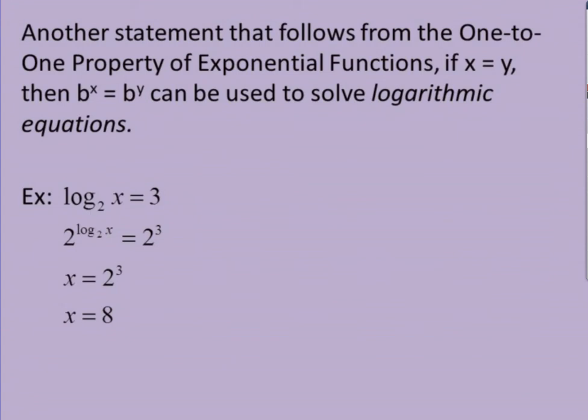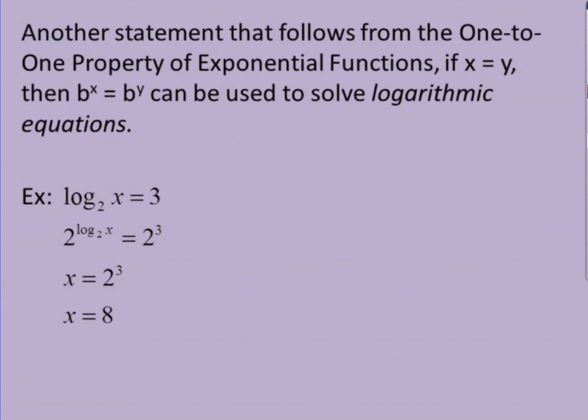Now we have the same one-to-one properties when we deal with exponential functions and logarithmic functions. So if we have log base 2 of x is equal to 3, we want to cancel the base, that log base 2. So we can make our values our exponents. 2 raised to the log base 2 of x is equal to 2 raised to the 3rd.